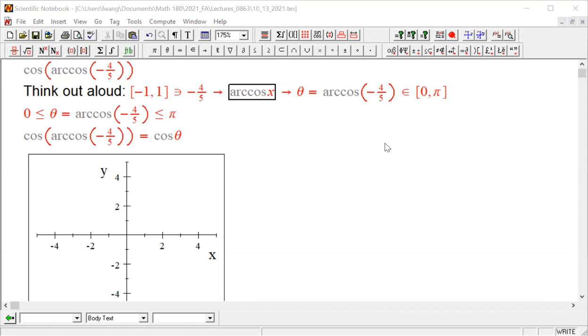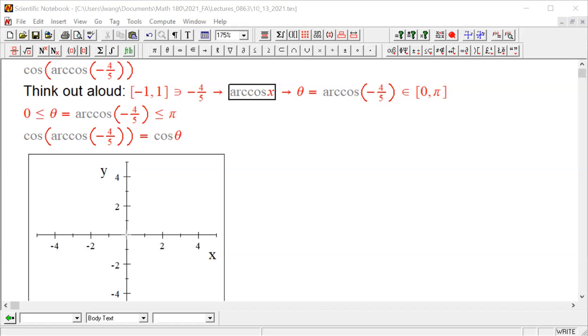I'll start to draw some pictures to show you. We know the input is a ratio. The ratio indeed is in the domain of the function ArcCoSine. So the output is a theta, the angle whose cosine is a negative ratio. Cosine is positive in the first quadrant and negative in the second quadrant.